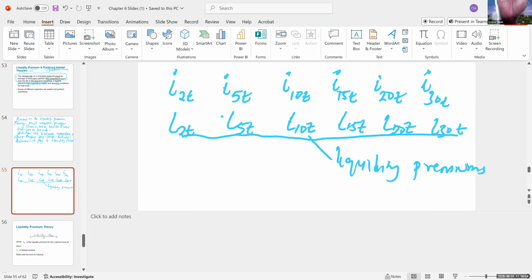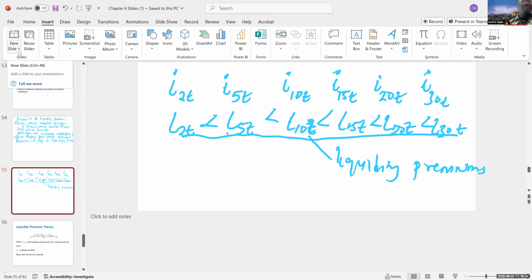And it's going to be less. The liquidity premium for investing in a 2-year bond is less than the liquidity premium for investing in a 5-year bond. And the liquidity premium for a 5-year bond is less than the liquidity premium on a 10-year bond, and so on and so forth. In other words, the liquidity premium increases as the time remaining to maturity increases.